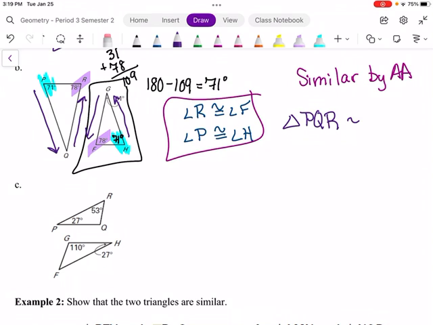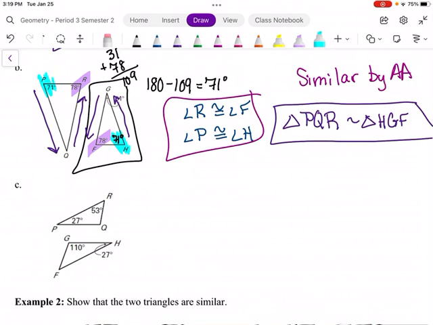So my second triangle name is going to be HGF. And that would be our similarity statement. If you did them in a different order, that's okay. Just make sure that P and H are in the same location, Q and G are in the same location, and R and F are in the same location of your names of the triangles.